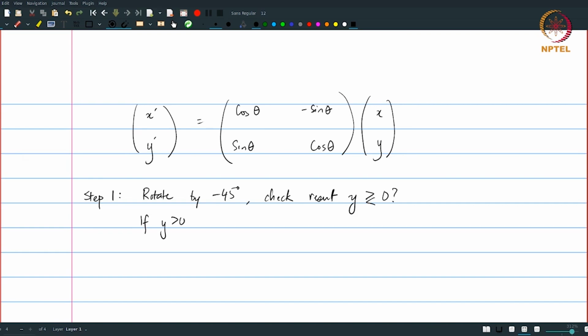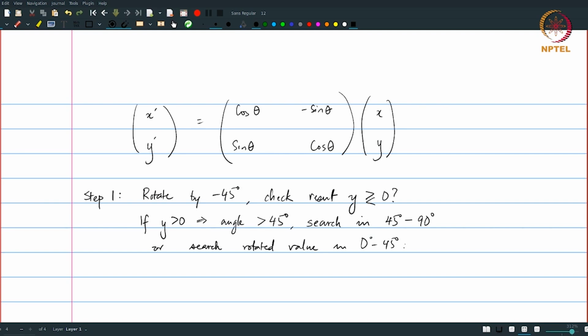If y is greater than 0 for the result, it means that the angle is greater than 45 degrees. So now search in 45 to 90, or else search the rotated value in 0 to 45 degrees.